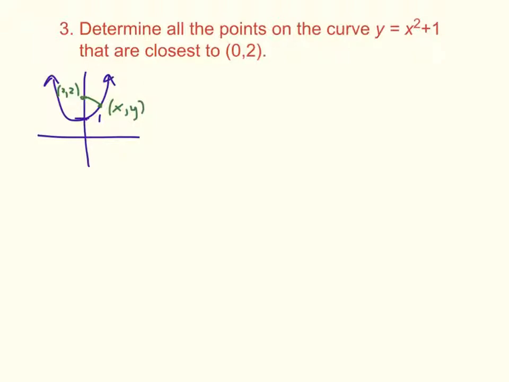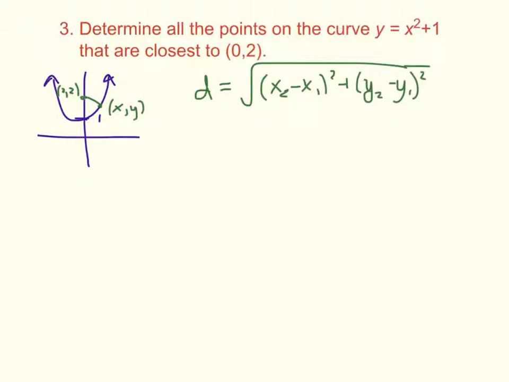All right, so the distance between 2 points is d equals the square root of x2 minus x1 squared plus y2 minus y1 squared. You should remember that from geometry. Okay, so since that is the quantity that we want to minimize, we would say that that is our primary equation. Okay, so this is our primary.